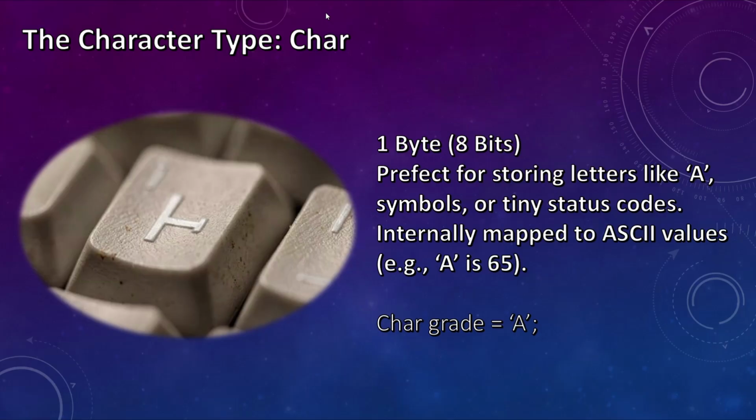It is used to store a single character such as A, B, C, or any symbol. For example, char grade equals A. A char typically occupies 1 byte of memory. Since 1 byte contains 8 bits, it is enough to store a single character. Whenever you are dealing with letters or symbols, char is the right choice.